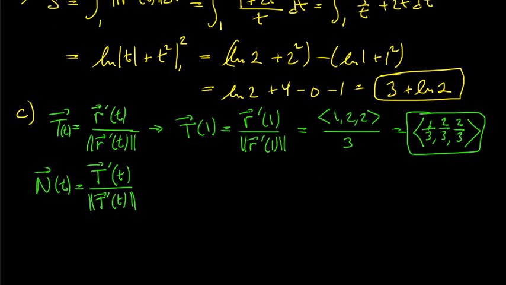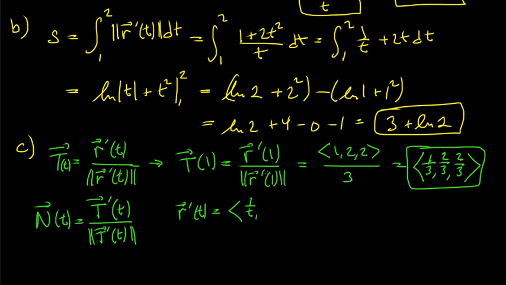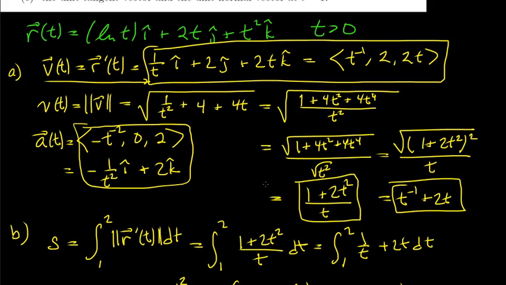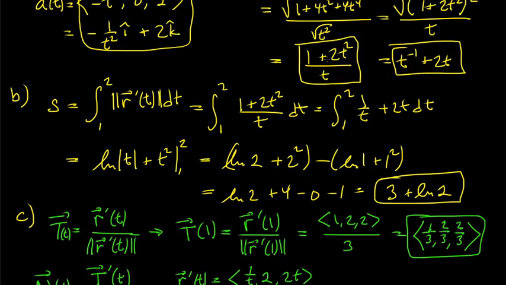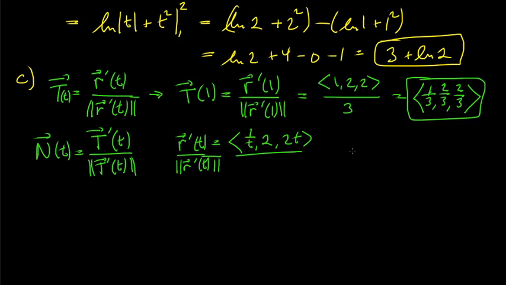Yeah, so let's start with r prime as a function of t. It was just the vector (1/t, 2, 2t), just making sure. Okay, and so now we just divide by the magnitude, or the norm, which was just (1 + 2t²)/t.